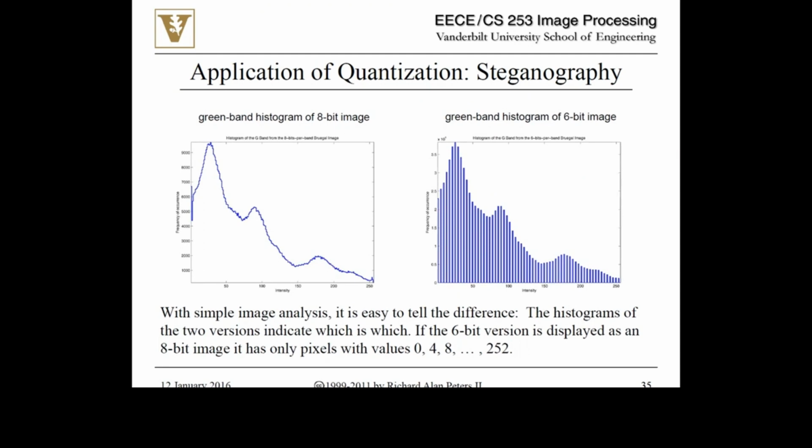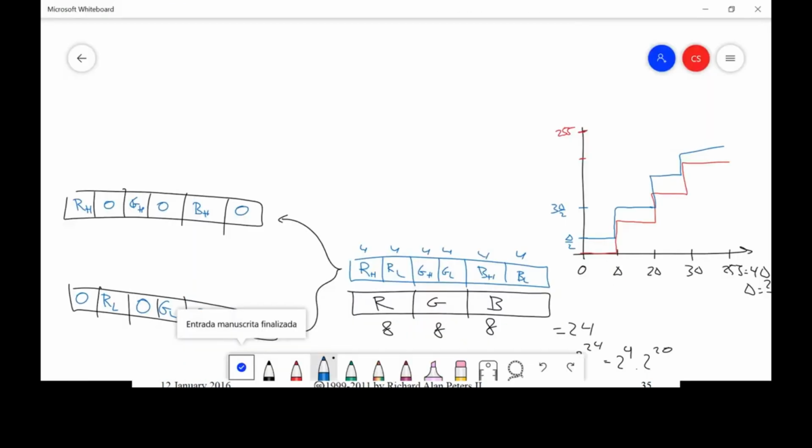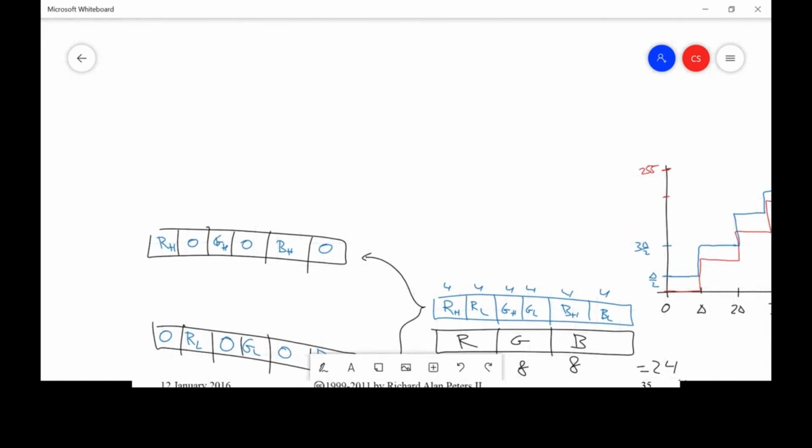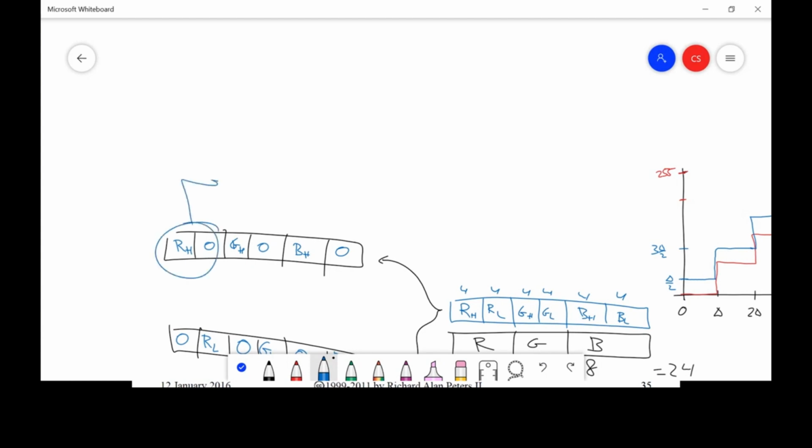We must have, and these holes must be regularly distributed. Just think of this: if I use 6 bits, what's my delta in gray values? Let us concentrate on one channel. What is the lowest value I can represent? It will be 0, 0, 0, 0, 0, 0, and then the last 2 are always 0.